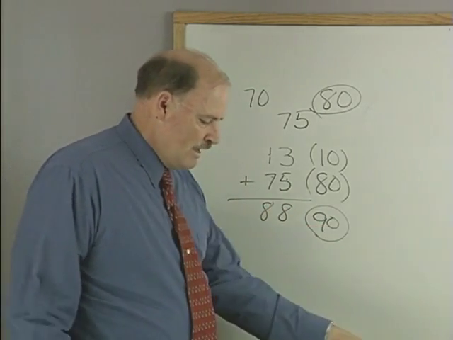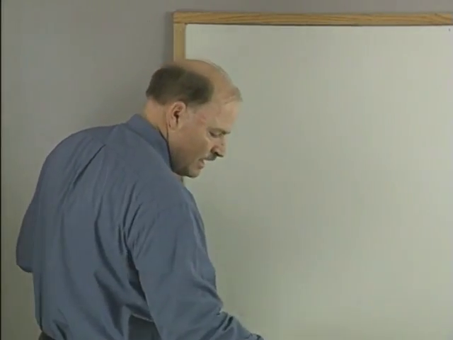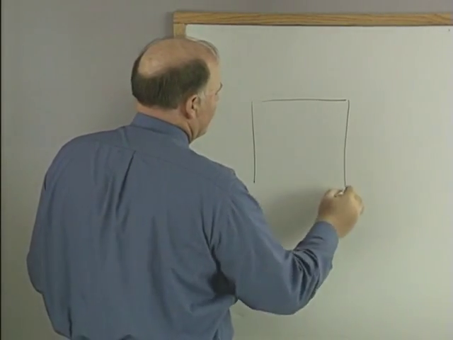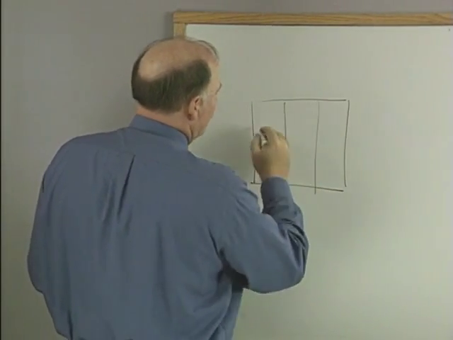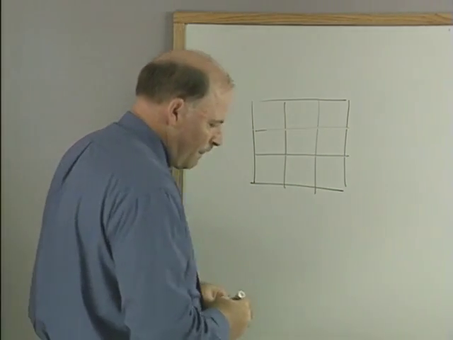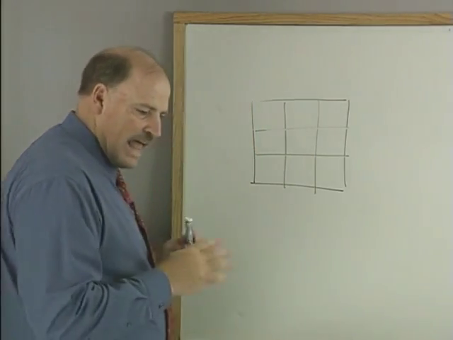All right? Now, one other thing in this lesson is what we call commutative squares. And I don't know if you've ever done these before, but I think they're kind of fun. And here's what we're going to do. You think it's tic-tac-toe? No. This is adding.